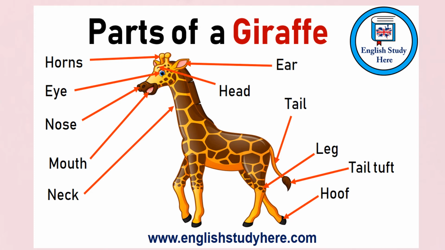Next wild animal is the giraffe. Here is the picture of the parts of a giraffe. Horns, eyes, nose, mouth, neck, head, ear, tail, leg, tail tuft, hoofed feet.